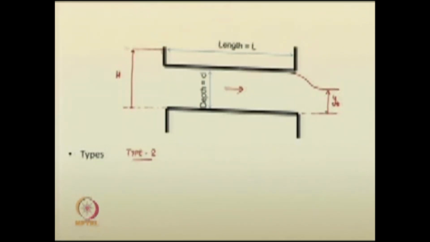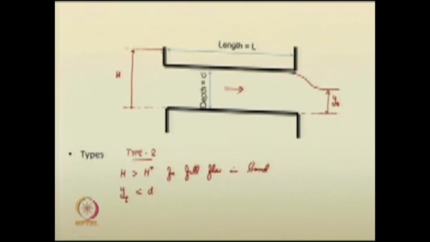What happens here is that H should be greater than H star for full flow. So, we are suggesting H is greater than H star. Your y t is less than the depth of the barrel. These two conditions will make the flow inside the barrel full flow itself.